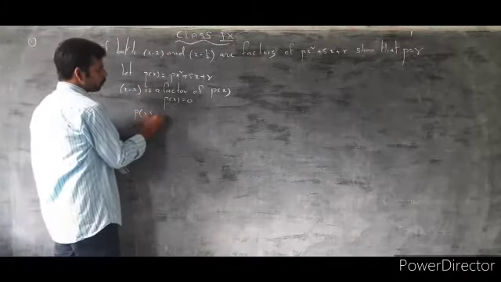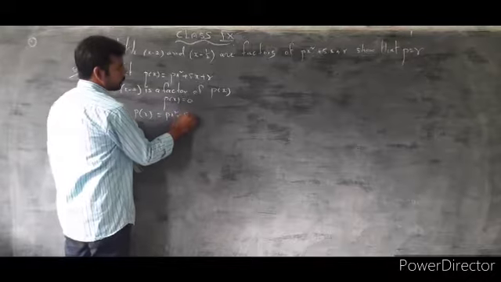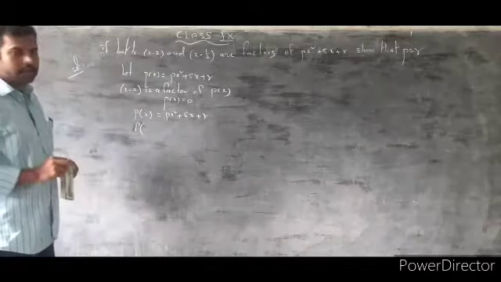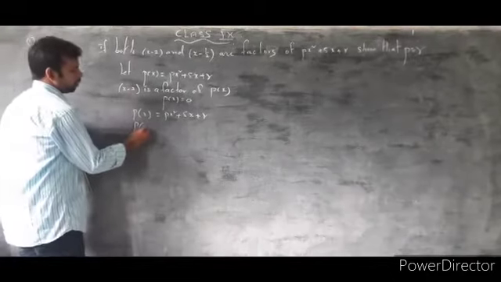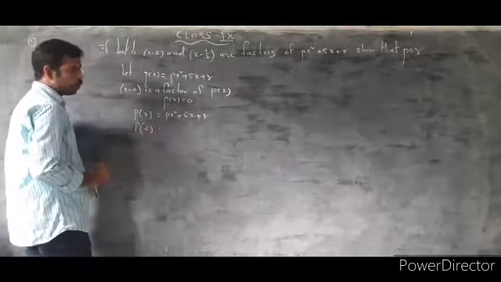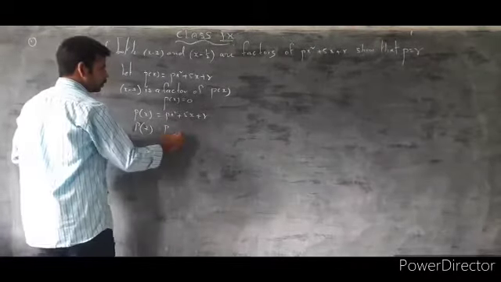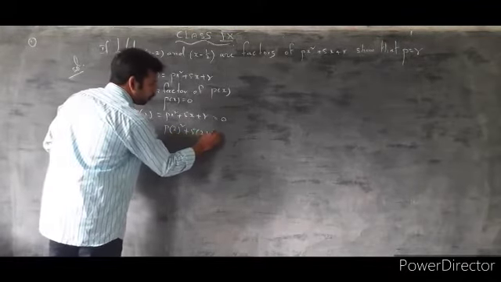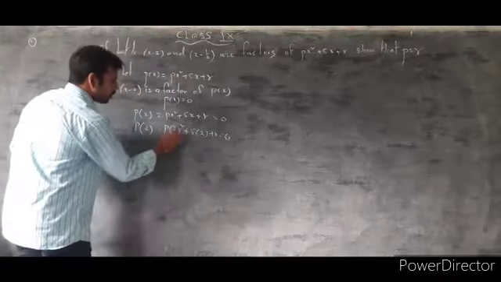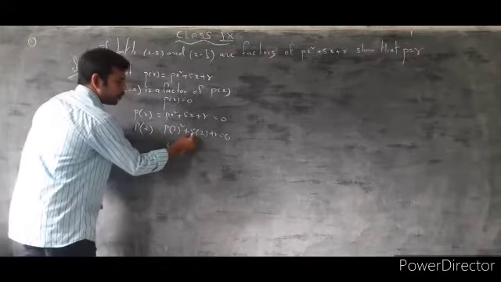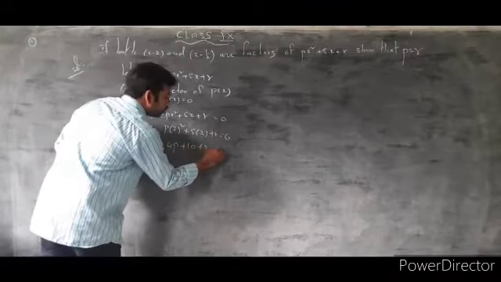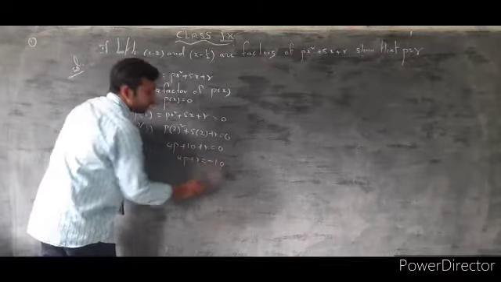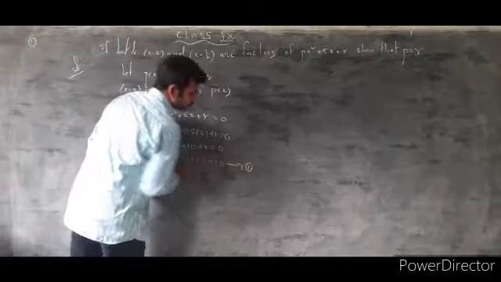Since x minus 2 is a factor, p of 2 equal to 0. So p into 2 square plus 5 into 2 plus r equal to 0. 2 square is 4, so 4p plus 10 plus r equal to 0. 4p plus r equal to minus 10. This is equation 1.